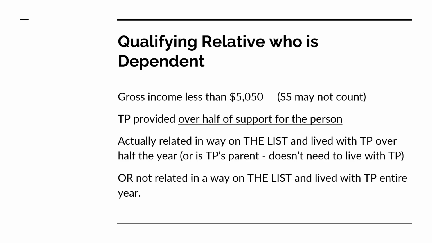And then the qualifying relative needs to either be related in a way which is on the list, which we'll go over in a minute, and have lived with the taxpayer over half the year, or they need to have lived with the taxpayer the entire year. The only exception to the half-year rule is the taxpayer's own parent, who can live in a different place as long as the taxpayer provides over half their support.